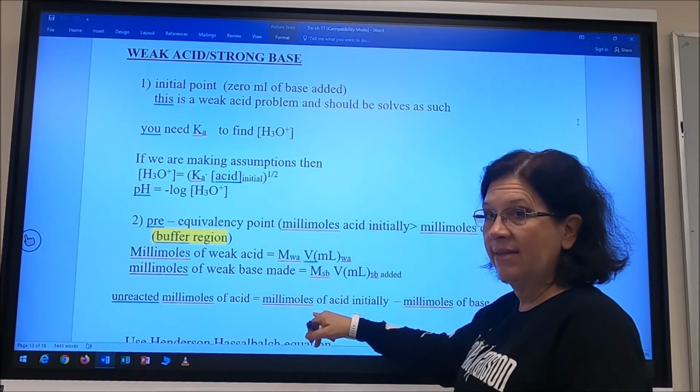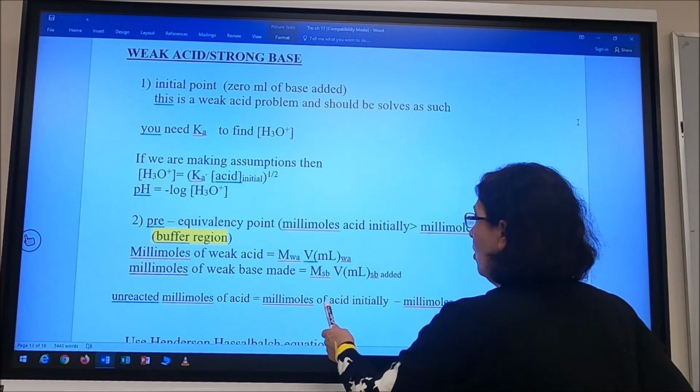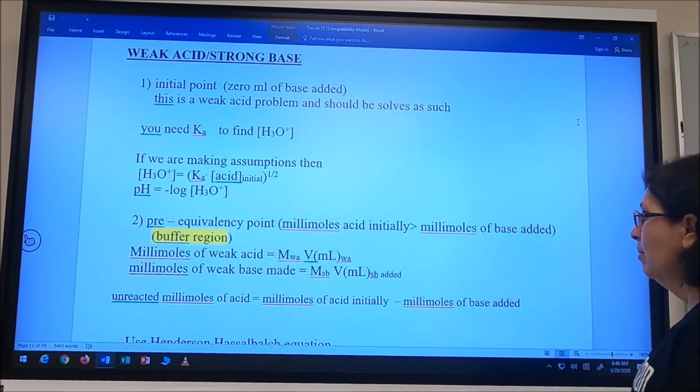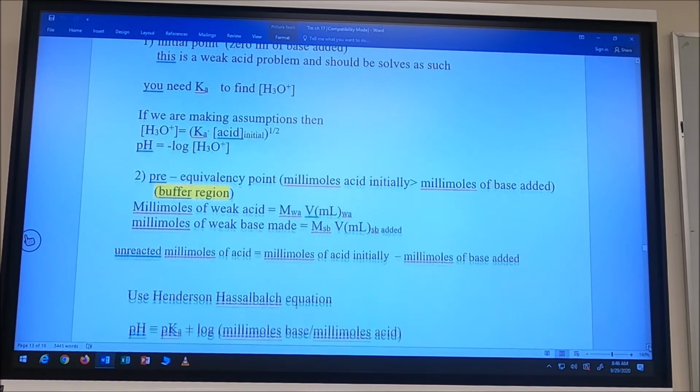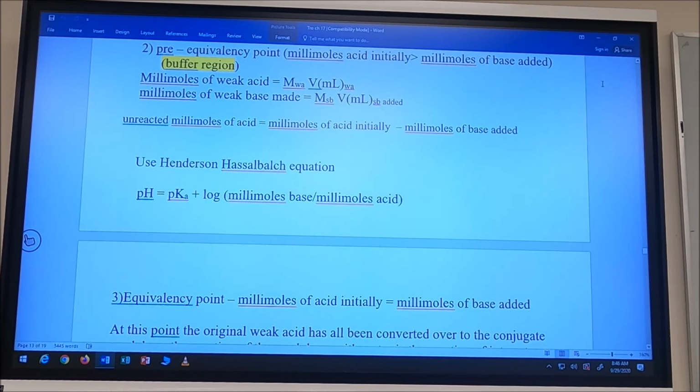Unreacted millimoles of acid, what's going to be left, is millimoles of acid initially minus millimoles of base added. And then we use the Henderson-Hasselbalch equation. Okay? We're going to say pH equals pKa plus the log of millimoles of base divided by millimoles of acid.